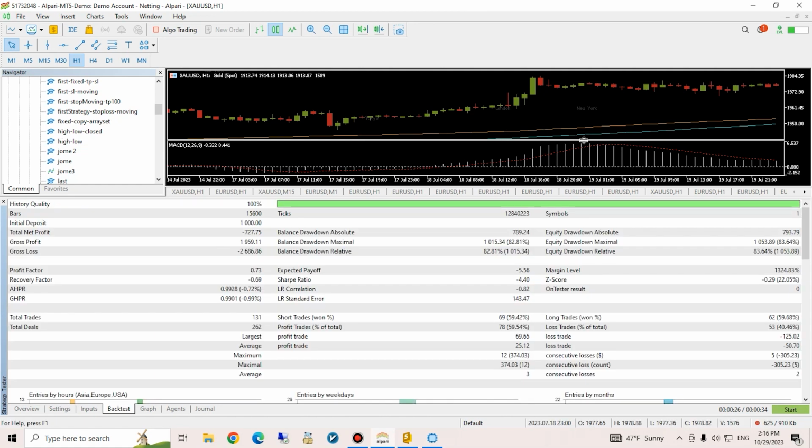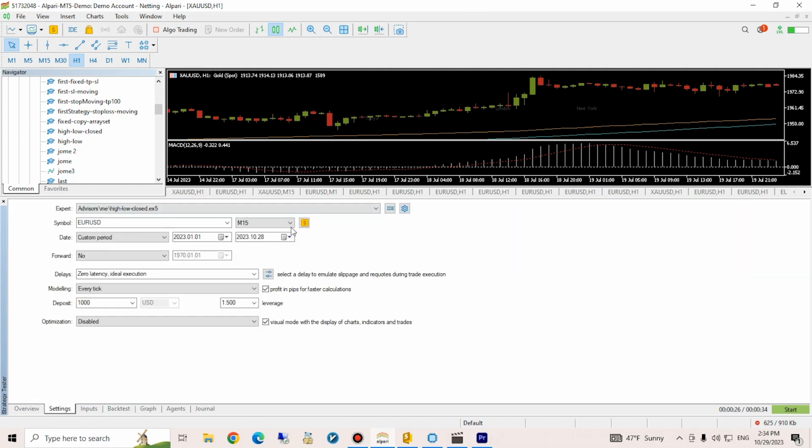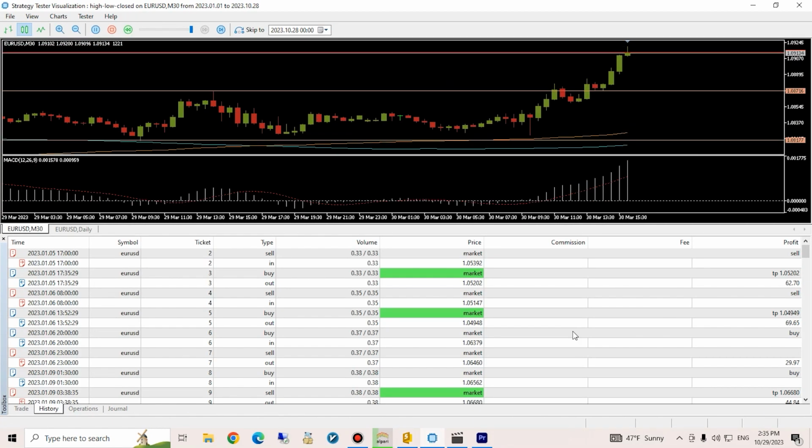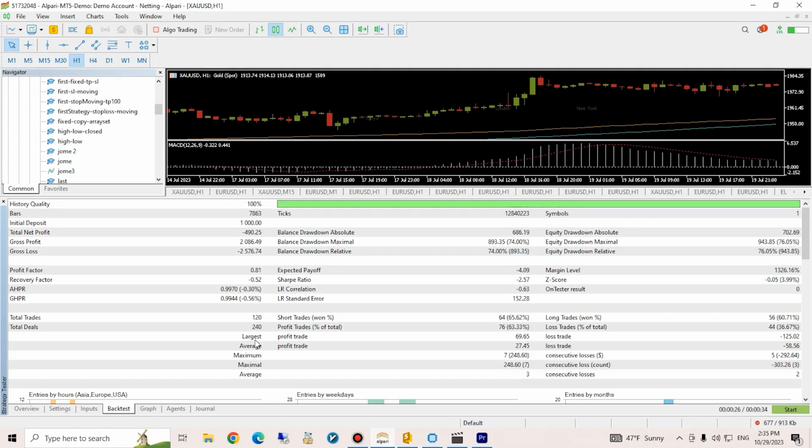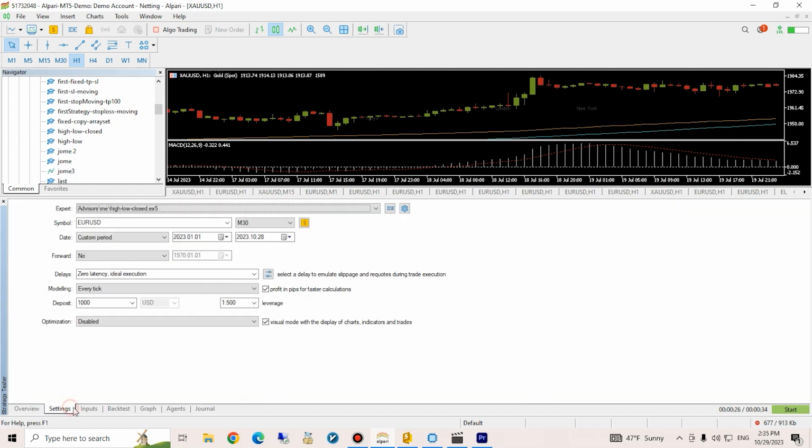So we had 72% loss. Now we will test it for bigger time frames like M30. So we had minus 49% loss. I will test it for 1 hour. So it will open a position if the 1 hour candle closed above or below.